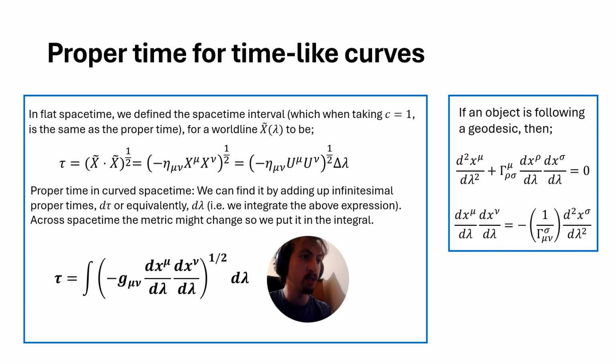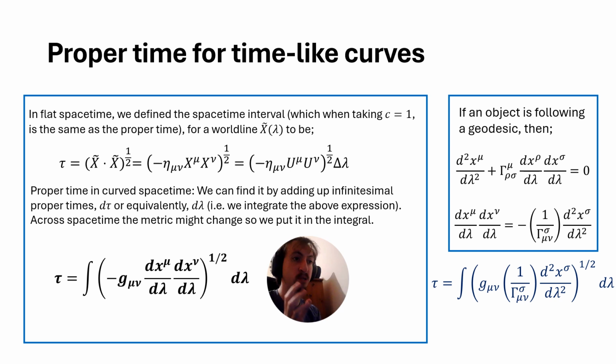geodesic equation and say, well, for a particle following our geodesic, the product of our four velocities can be written in terms of our Christoffel symbol and our acceleration through space-time, and if we substitute that into our equation for proper time, we can say that proper time for something that is following a geodesic through curved space-time is given by this blue equation.